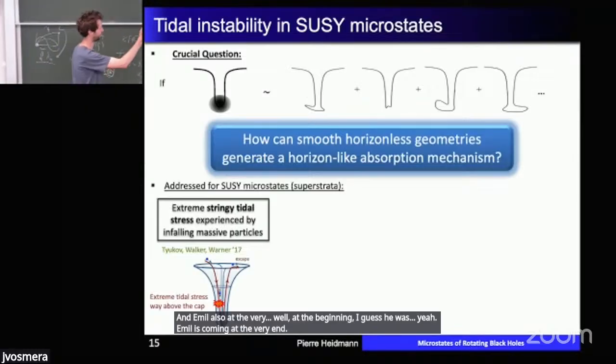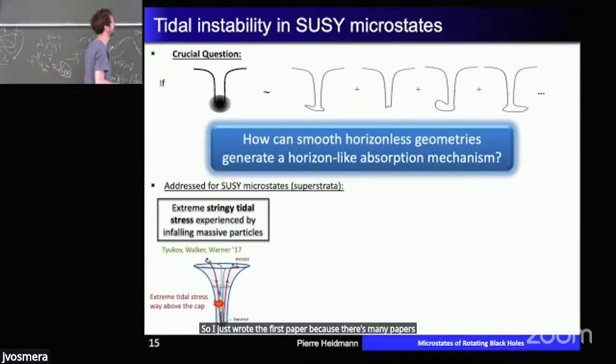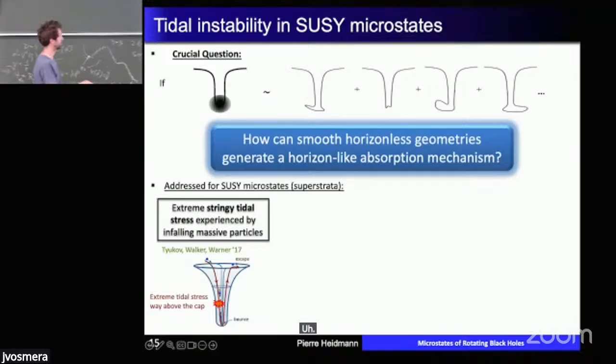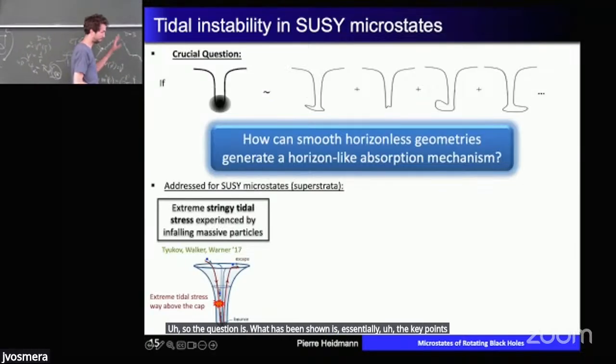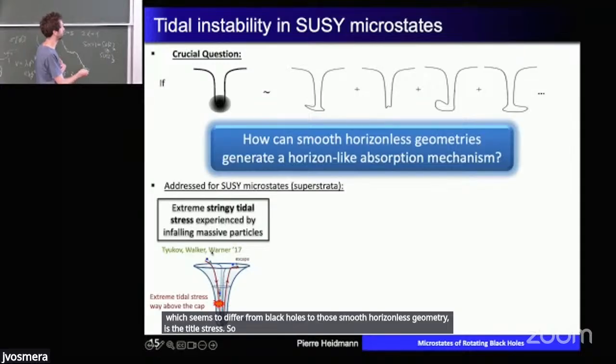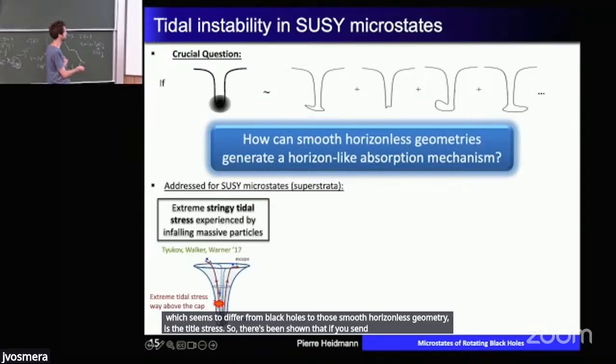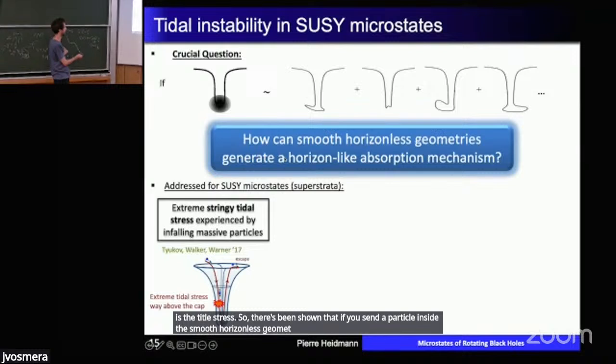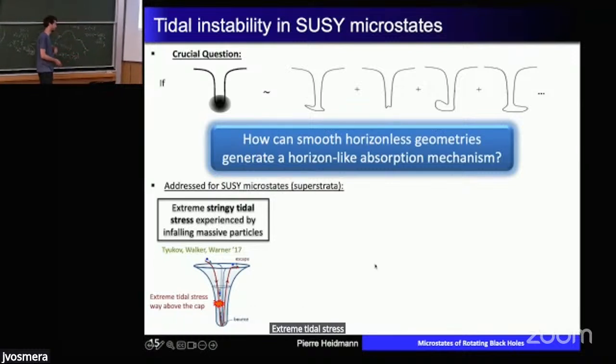I just wrote the first paper because there are many papers. What has been shown, and the key point which seems to differ between black holes and those smooth horizonless geometries, is tidal stress. It has been shown that if you send a particle inside those smooth horizonless geometries, which here are superstrata, extreme tidal stress appears way above the cap.